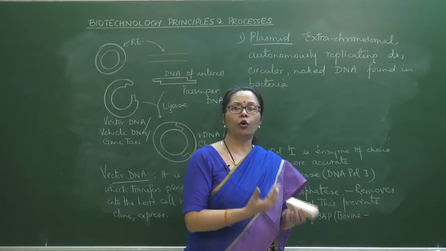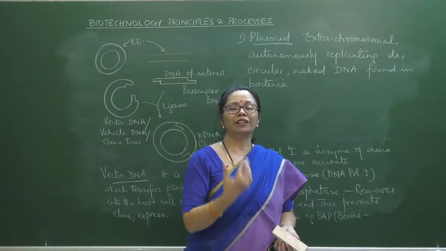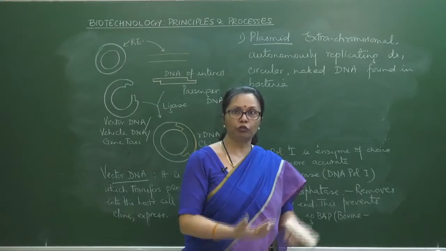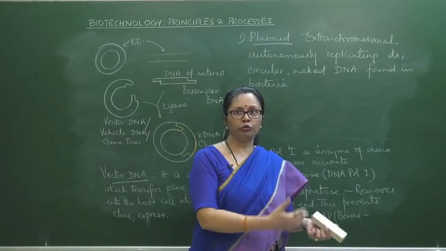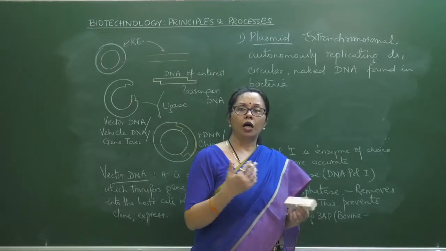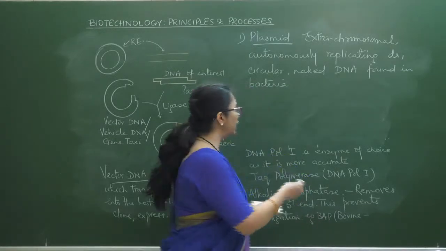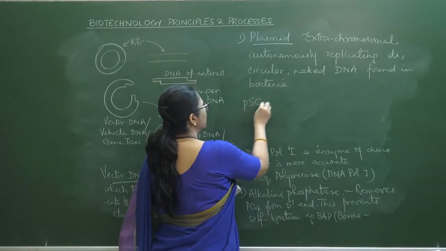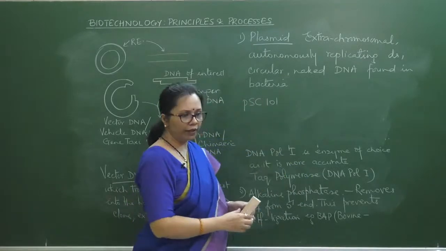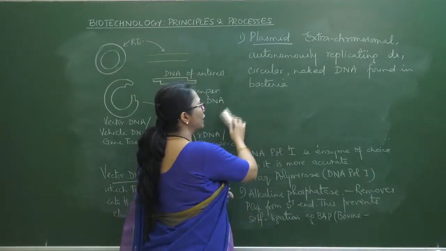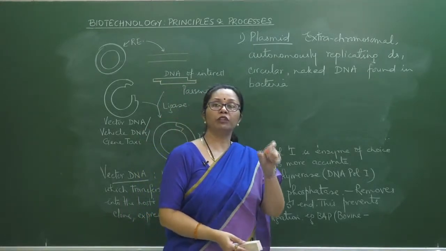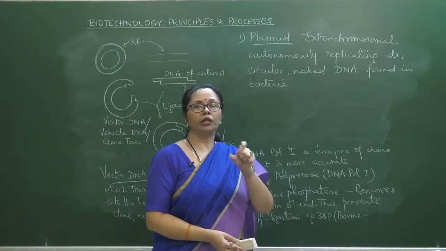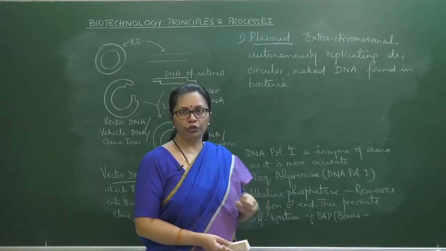Now E. coli also developed resistance against antibiotics, from one bacterial species to another, Salmonella typhimurium to E. coli. He named his plasmids pSC, like pSC 101, pSC 102. But that is just part of the history. We'll rather talk about the plasmids which are used in various genetic engineering experiments.